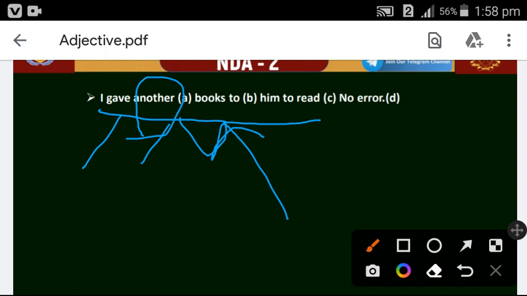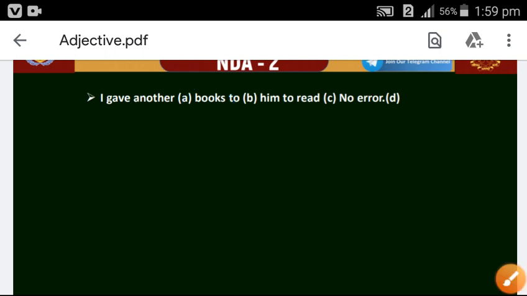So books is what? Not a singular noun. Books is a plural noun. So to correct this sentence, we have to remove s from the word books. Okay, go ahead.